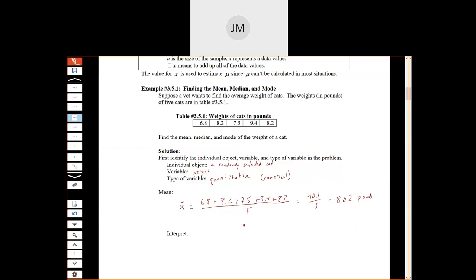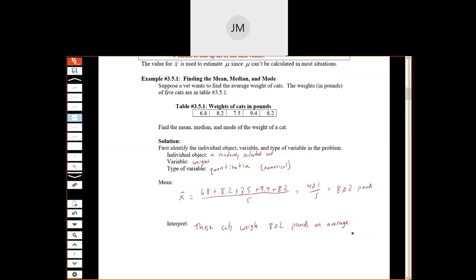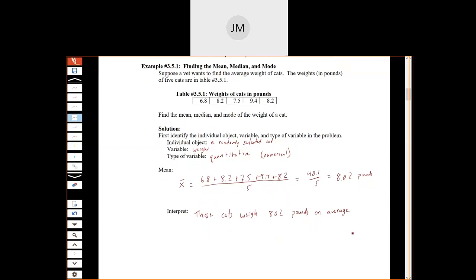Okay, so the way to interpret this number, I could say the cats weigh 8.02 pounds on average. Okay, I'm going to come back and show you how to compute this on your calculator.